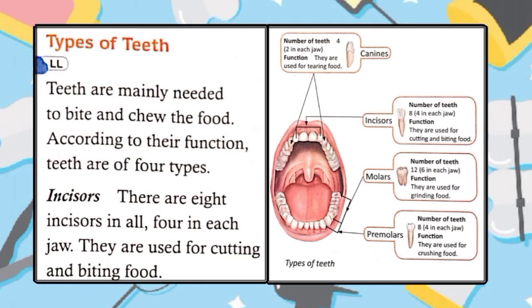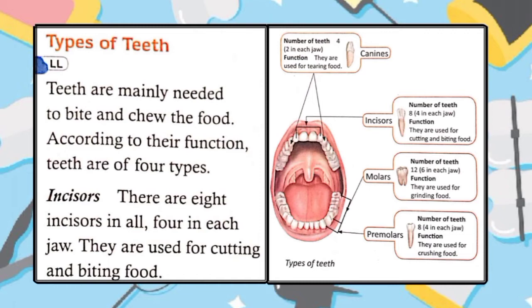Now next, types of teeth. Teeth are mainly required to bite and chew the food. According to their function, there are four types of teeth and they perform different functions. First is incisors. There are 8 incisors in all, 4 in each jaw, means upper jaw and lower jaw. They are used for cutting and biting food.